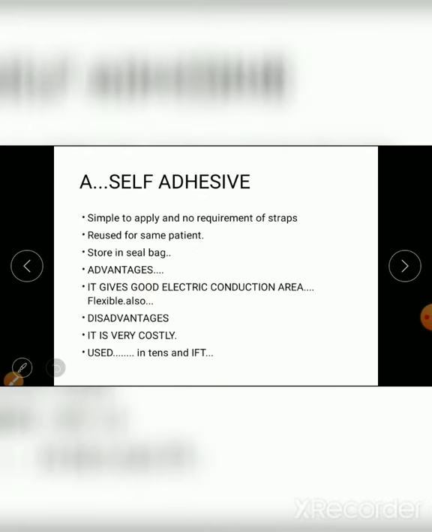The first one is the self-adhesive surface electrode. It is simple to apply and there is no requirement of straps. Second, it can be reused for the same patient; store it in a sealed bag. The advantages are that it gives a good electrical conduction area and it is a flexible electrode.